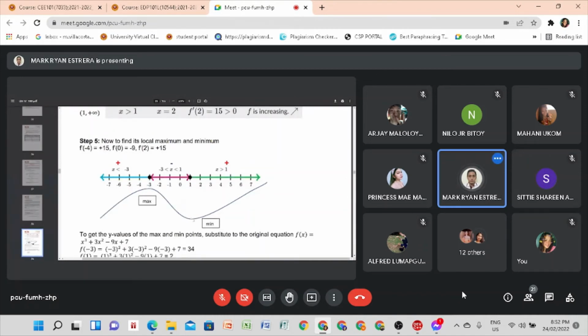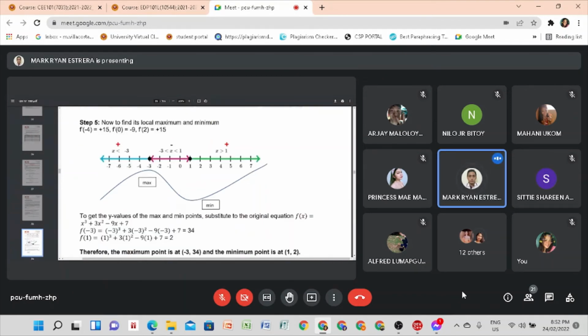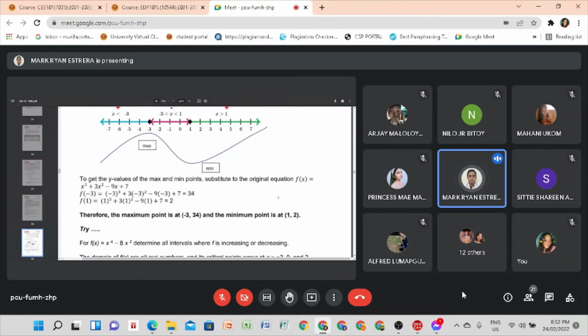And for the minimum, it is 1, and you find its paired y too. From the original function, f of x equals x cubed plus 3x squared minus 9x plus 7, you simply substitute negative 3 and 1 to get their pairs.